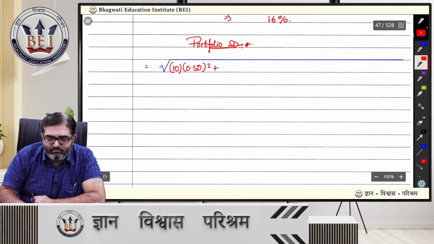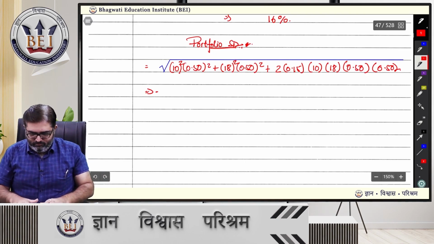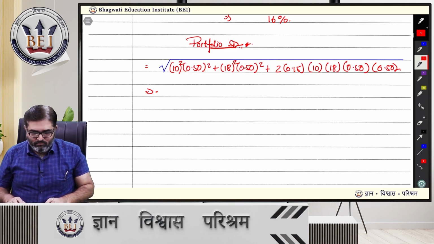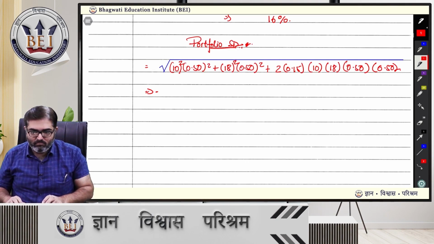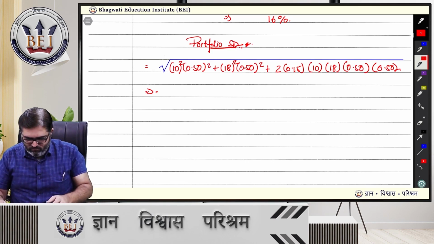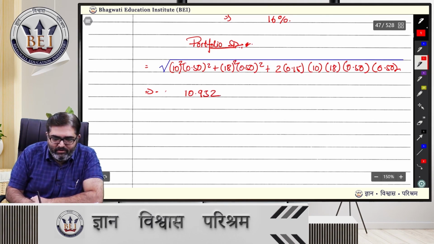सीधा लगाते जाओ फॉर्मूला मार्कोविट्स का. SDs हैं सो स्क्वायर हो जाएंगे प्लस टू इंटू आर इंटू SD of 1 into SD of 2 into weight of 1 and the weight of the 2. 10.932, right.